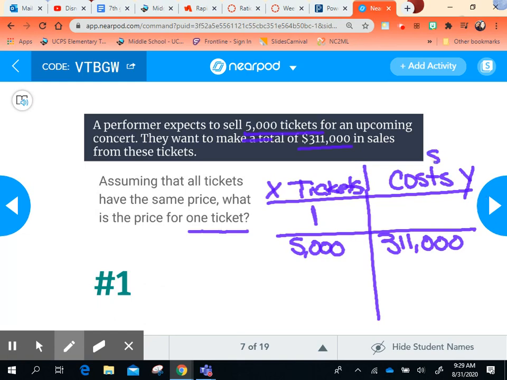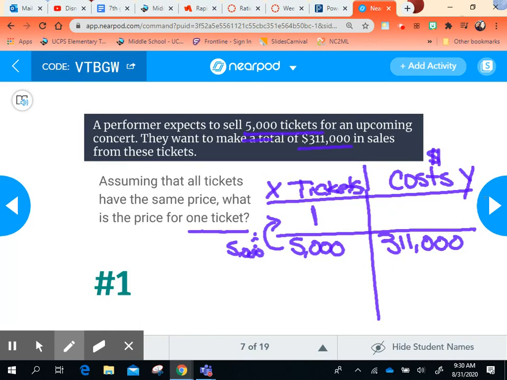And sometimes I just like to do the money sign for cost, because it's easier. How much does one ticket cost? So because we've already been doing our unit rate, who can remind me what's one way that I can find my unit rate? What do I need to do? So I'm going to divide 5,000 by 5,000 and it gives me 1.